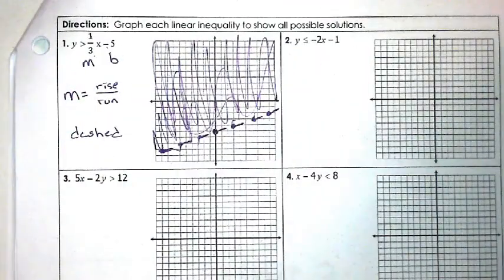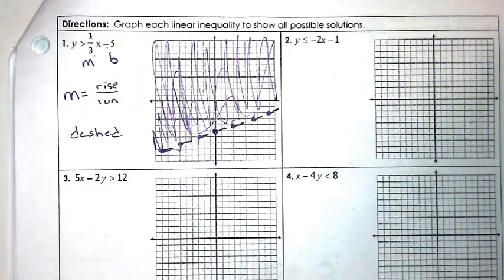Wait, how do we know if it's a dash? Is greater than inclusive or not inclusive? Go back to Unit 1. It's not on that paper.